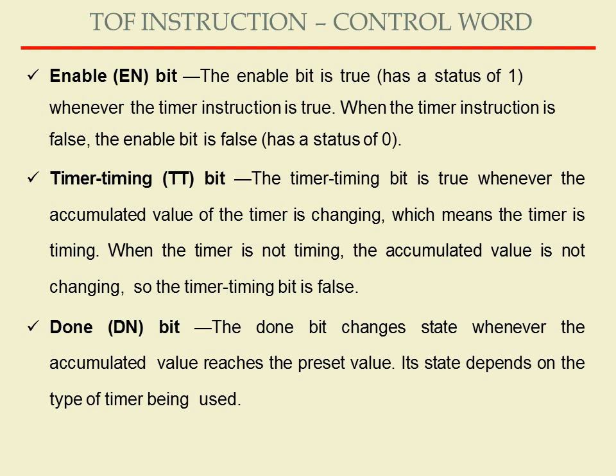Whenever the timer is not timing, the accumulated value is not changing and the timer timing bit is false. Then the done bit or DN bit changes state whenever the accumulated value reaches the preset value. Its state depends on the type of timer being used.